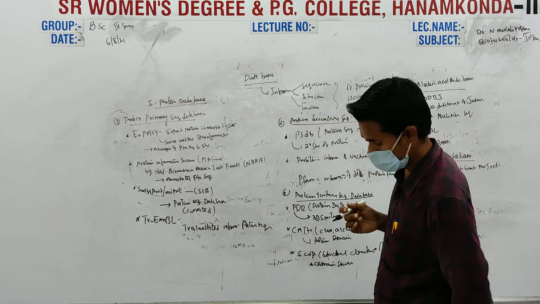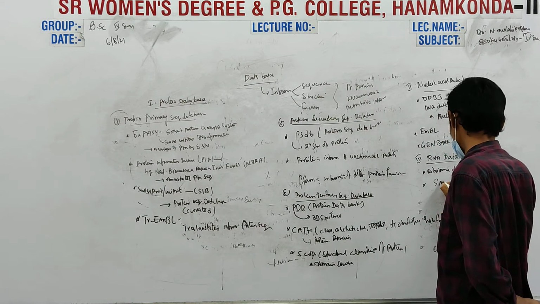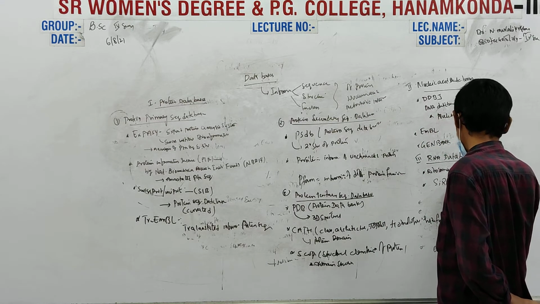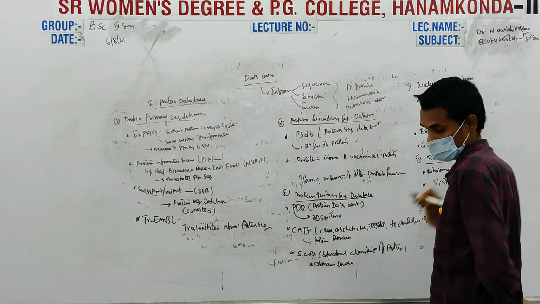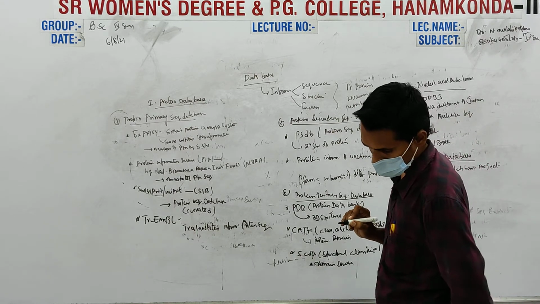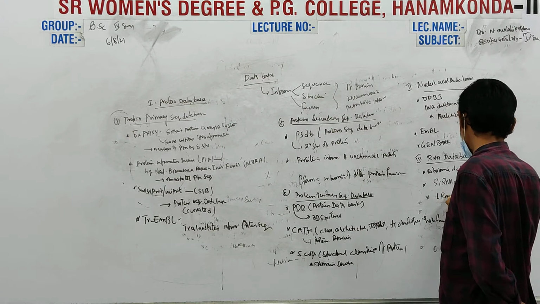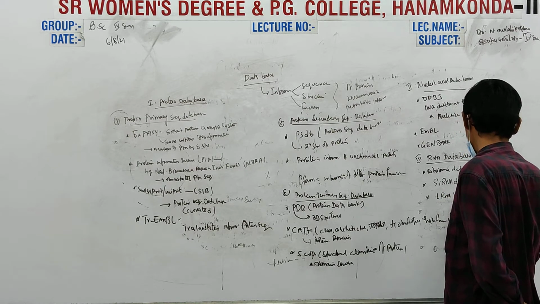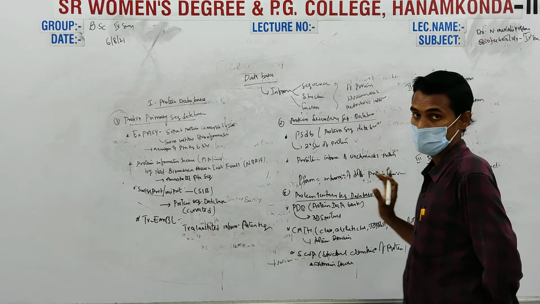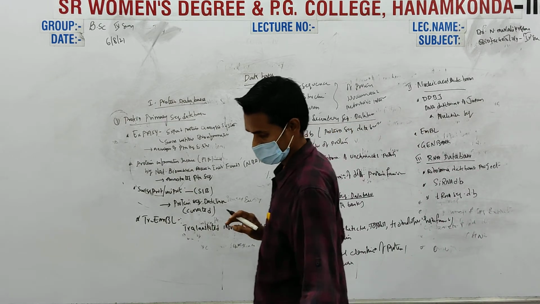Next one is siRNA data bank, and tRNA sequence data bank. So this is considered RNA databases.